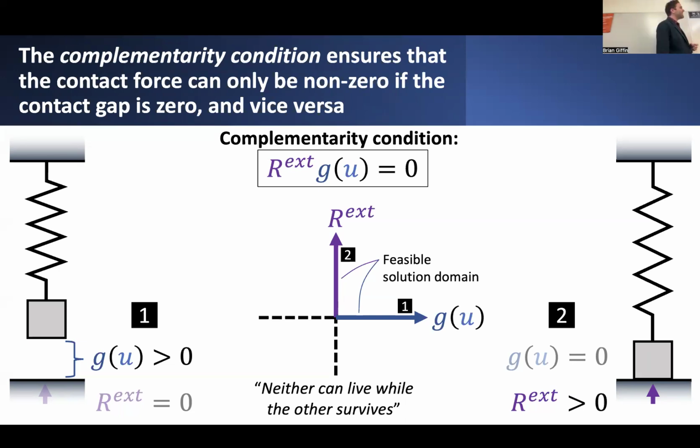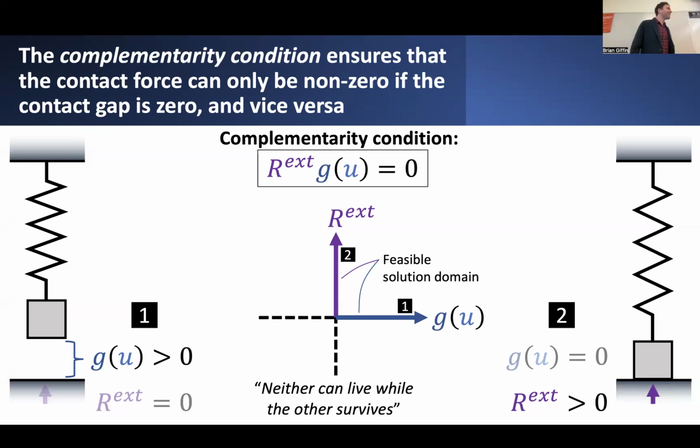And it effectively means that if we were to plot the feasible states of the solution on this kind of diagram, where I'm measuring the state of the gap function and this reaction force on the same plot, I can be either along this curve, some non-zero positive reaction force but zero gap, or along this portion of the curve, zero reaction force but some positive gap.